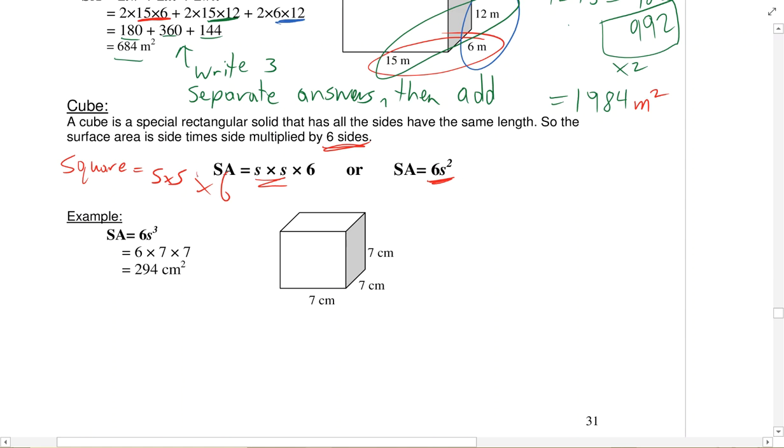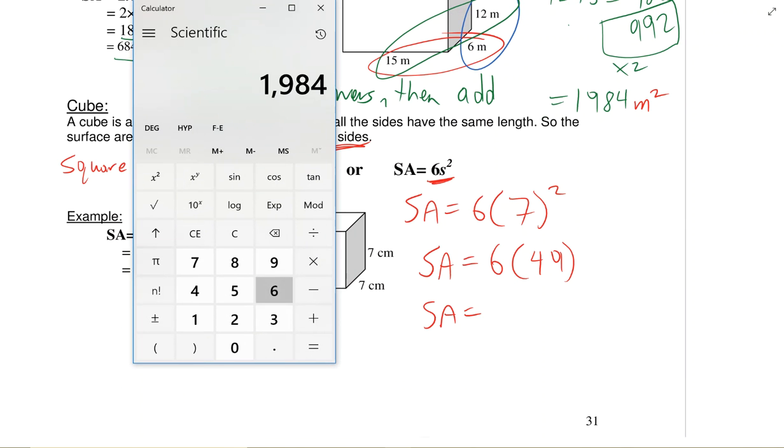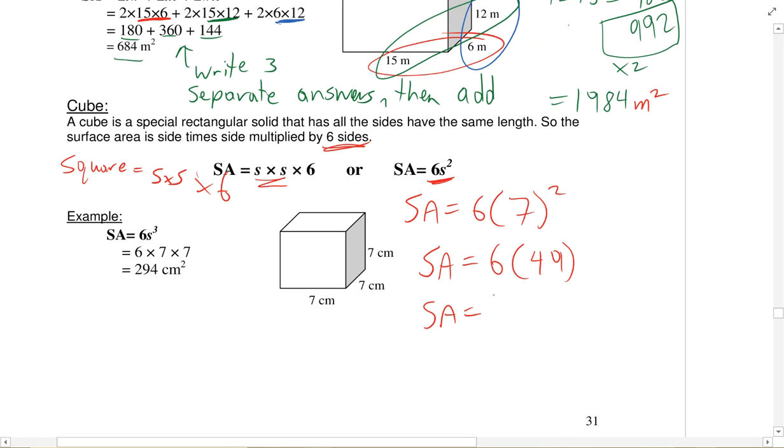They like to put the number in front rather than at the back. And so surface area equals 6 times 7 squared. Surface area equals 6 times 49. And surface area equals 6 times 49, 294 centimeters squared.